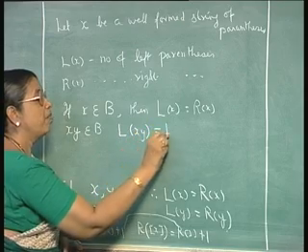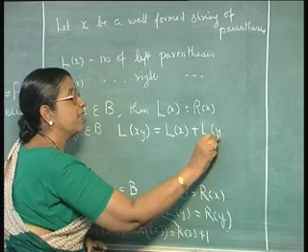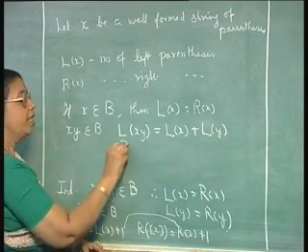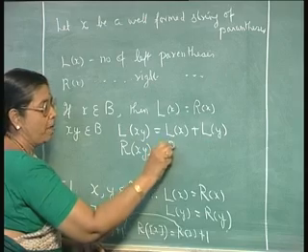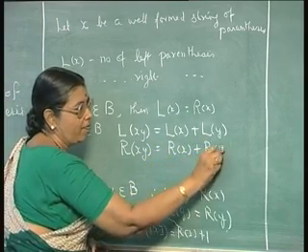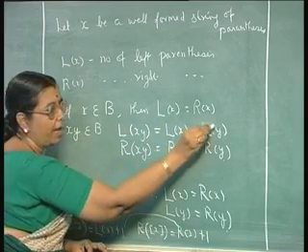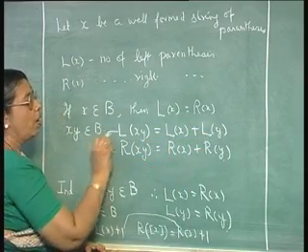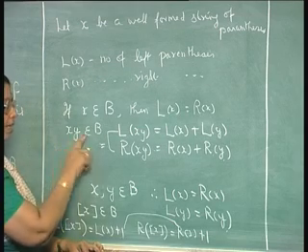This is equal to the number of left parentheses of x plus the number of left parentheses of y. And what can you say about the right parentheses of xy? That is equal to the right parentheses of x plus the right parentheses of y. And you know that this is equal to this and this is equal to this. So, these two are equal. So, we are proving the property for this also.